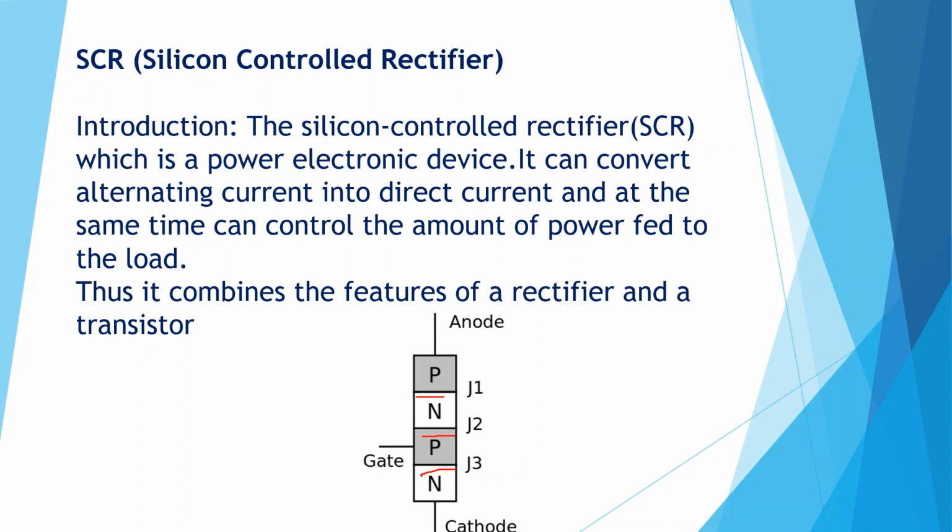So it has 3 diodes connected back to back with a gate connection. It is widely used as a switching device in power control applications. As I said, high AC power circuits which have to be switched on or off have to be handled by a device, and that device is the SCR.